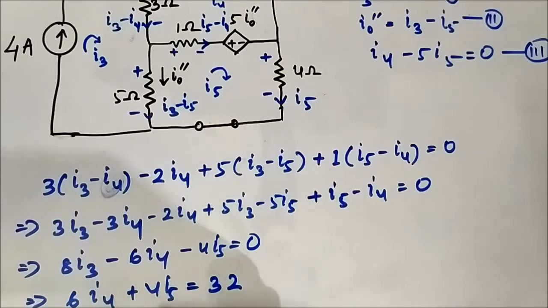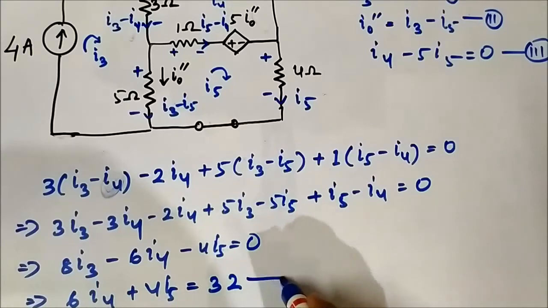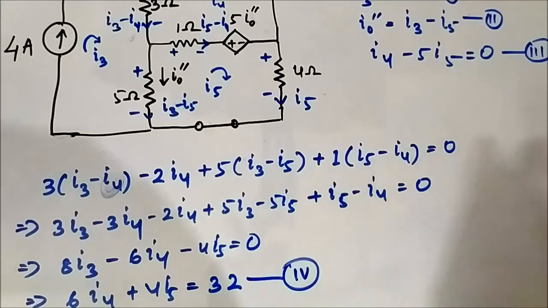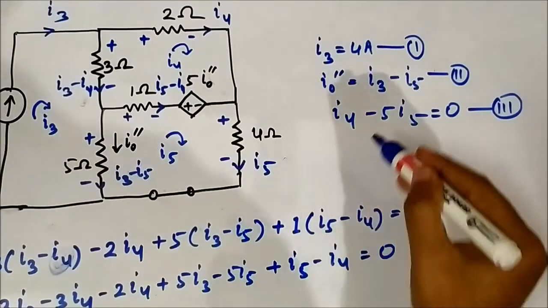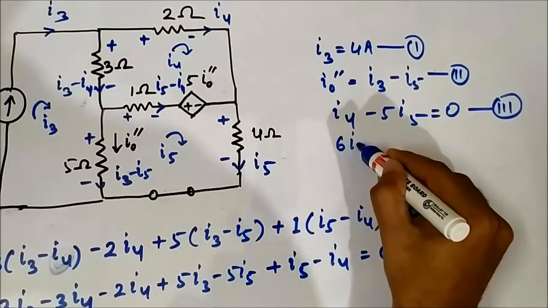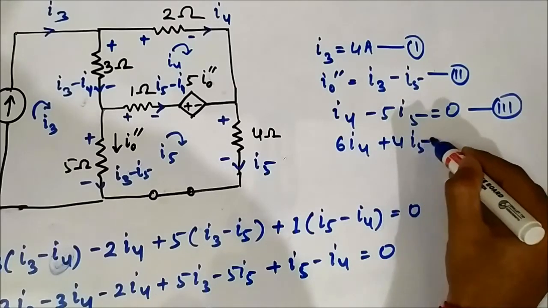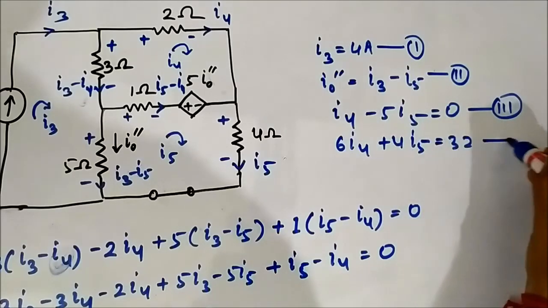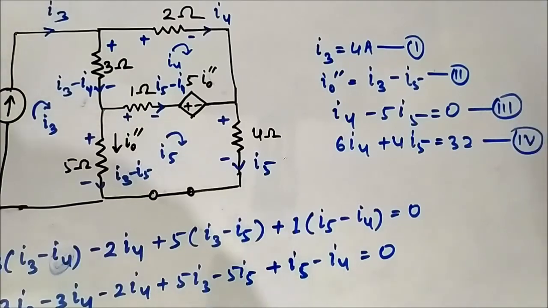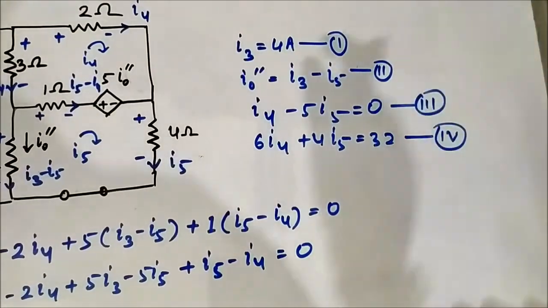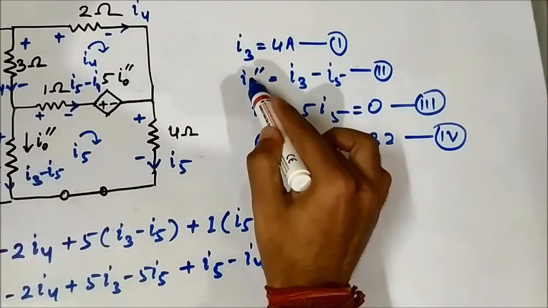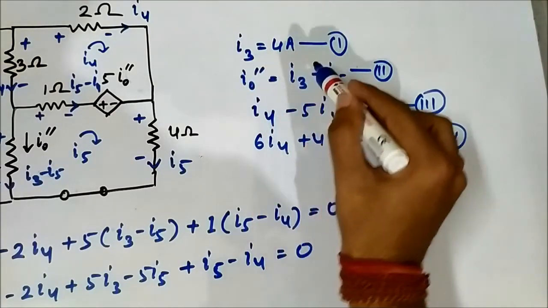Okay, so we got another equation in terms of I4 and I5, which is the fourth equation. 6 I4 plus 4 I5 is equal to 32. So we got the four equations. Our objective is to find out I0''. I3 is known, 4.